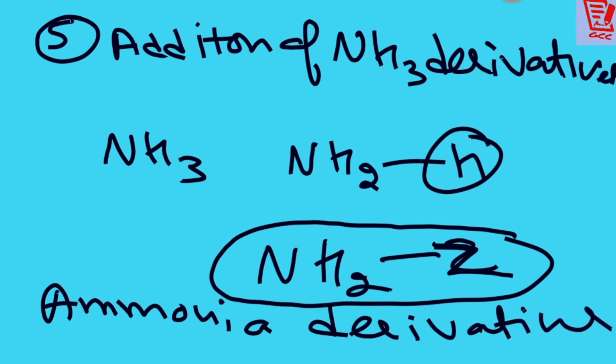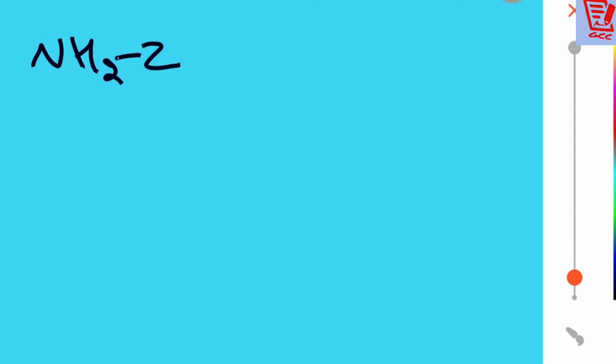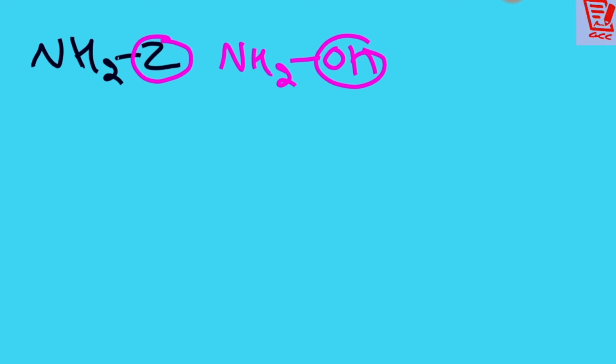Is that clear? Now usually when we are writing this one, NH2Z, let the value of Z be NH2OH.